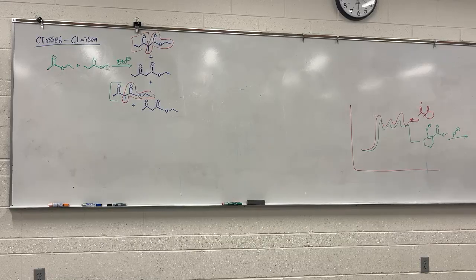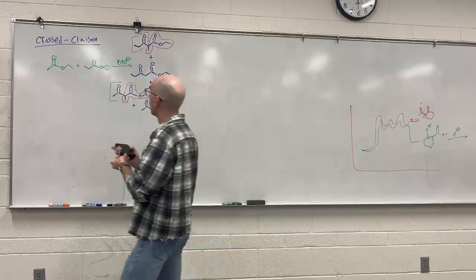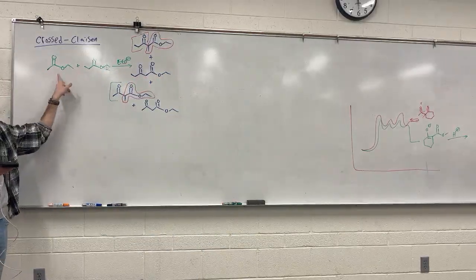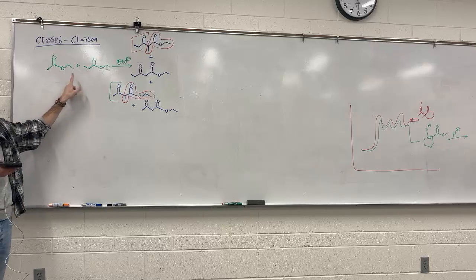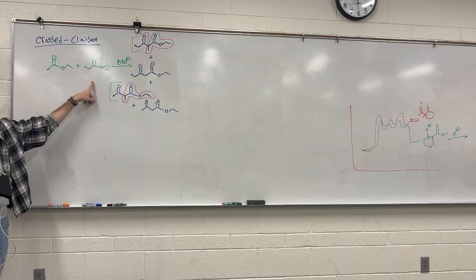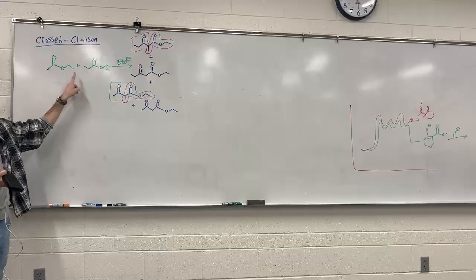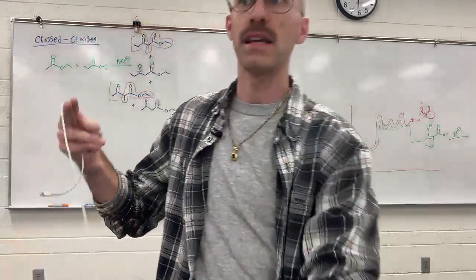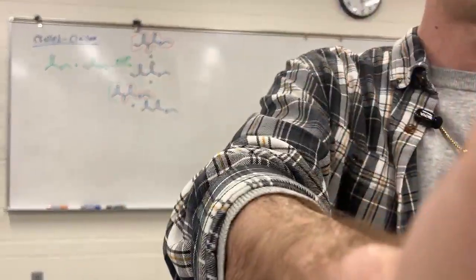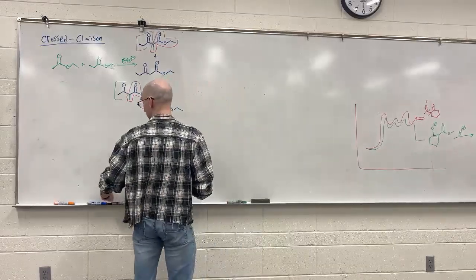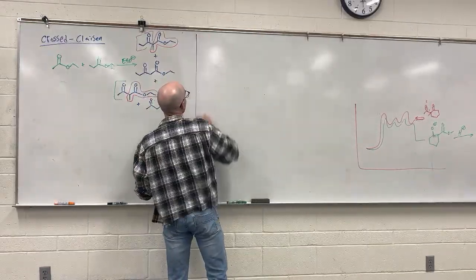Remember, the issue with this cross-Claisen deal is that both of these can become nucleophiles, and both of them can become electrophiles, and less than 1% of them becomes a nucleophile at any given time. So there's really a full range of combinations that I can get. So rather than waiting for 1% to turn into a nucleophile and then allowing the reaction to proceed, let's take whichever one we want to be the nucleophile, and let's just completely enolize it.